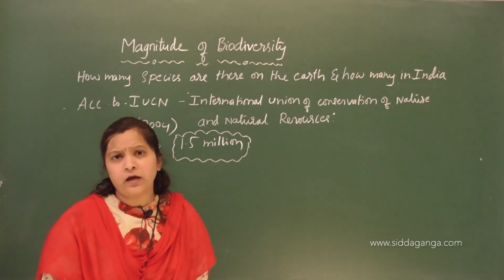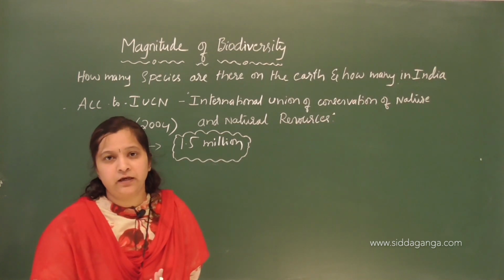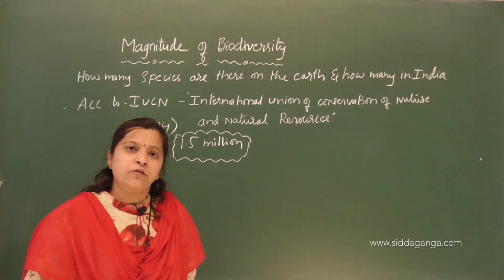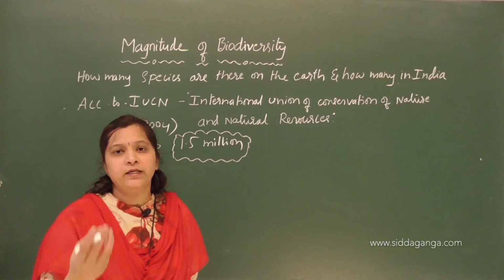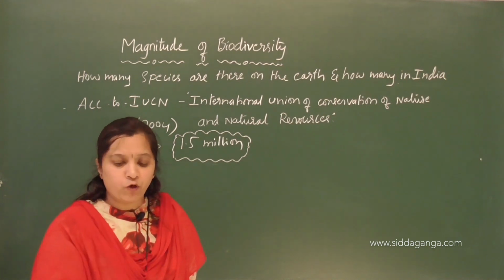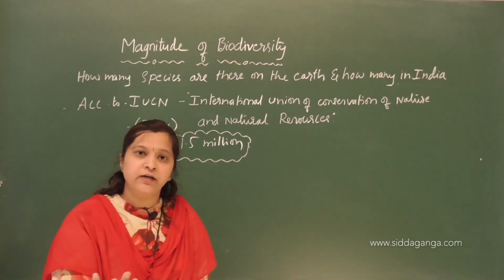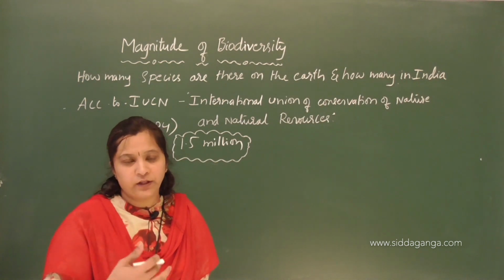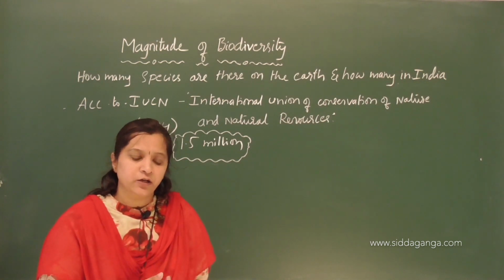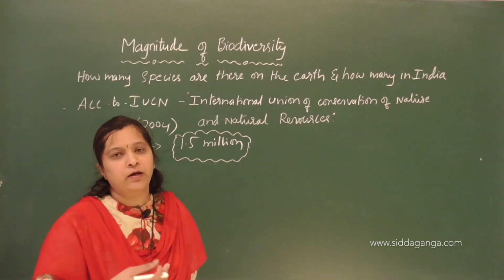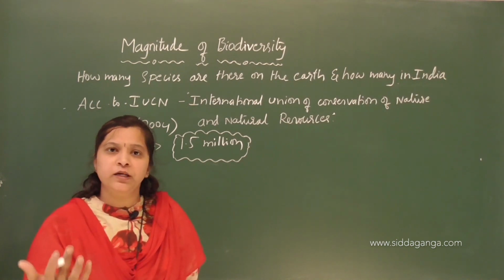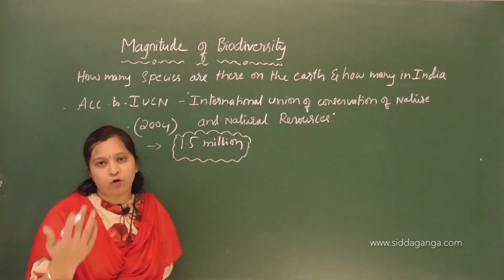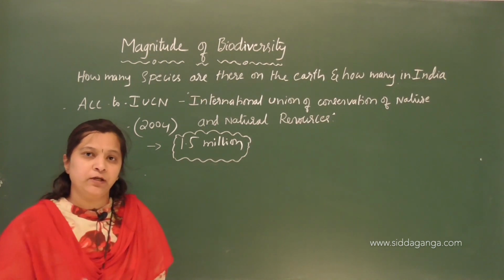Because there are so many plant and animal species, and most of them are smaller in size. Because of their small size, they are difficult to find. Many of them are bacteria, and many are microorganisms that we are not able to see.